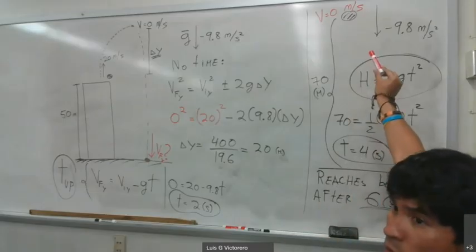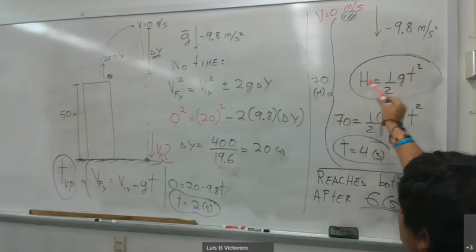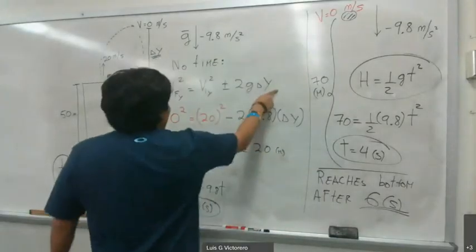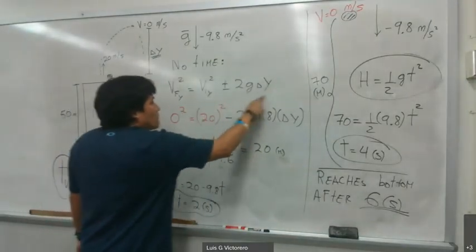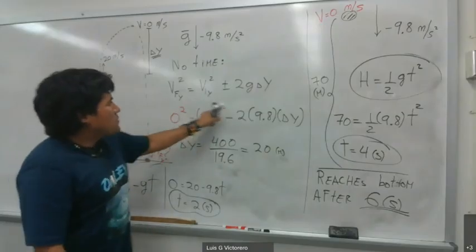Look at the downward motion. You have the initial speed, you have the height, and you have the acceleration. You can use time as well, but it's practice using this.